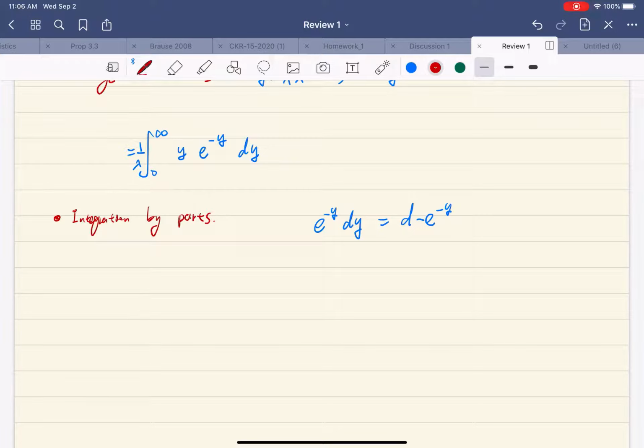This is because if we differentiate negative e to the negative y, we get e to the negative y dy.